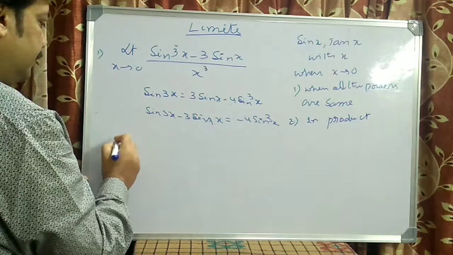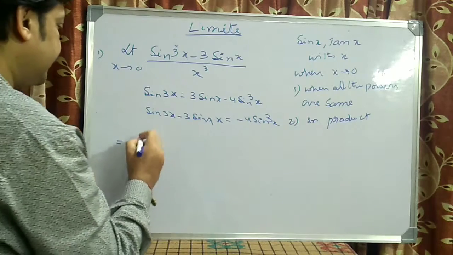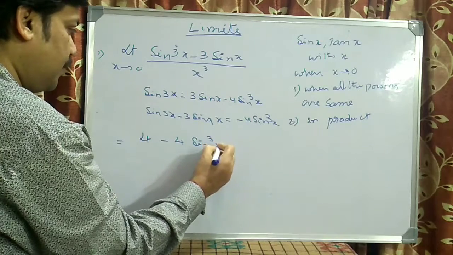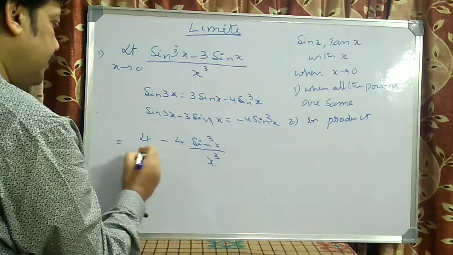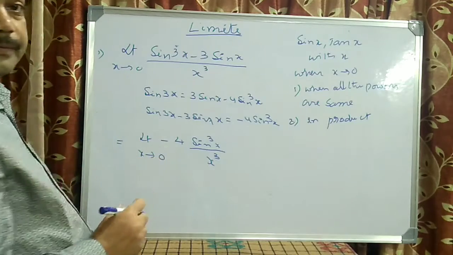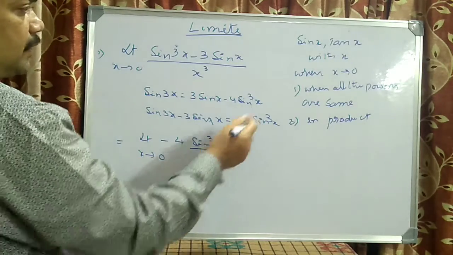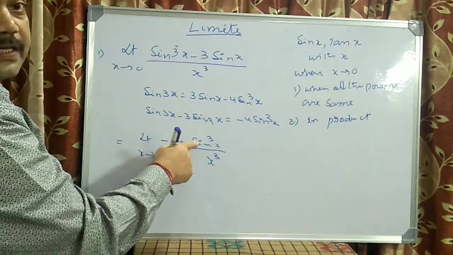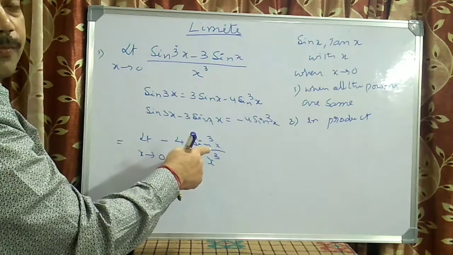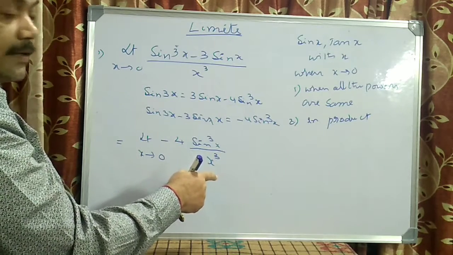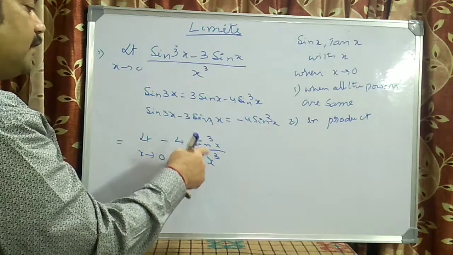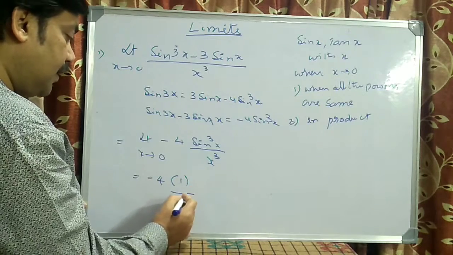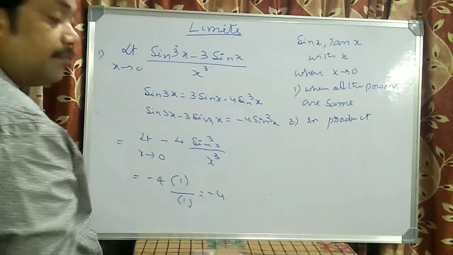So the given limit becomes limit of minus 4 sin cube x by x cube as x tends to 0. Now again this property is applicable, because you can see the powers are the same, sin cube x in the numerator and x cube in the denominator. So this is taken as 1 and 1. So what you have here is minus 4 into 1 divided by 1, which is equal to minus 4.